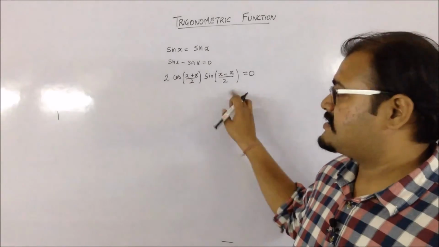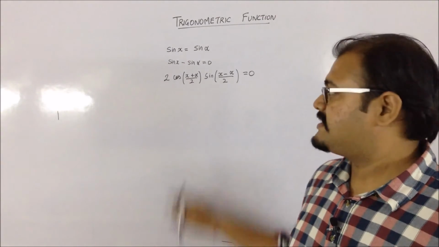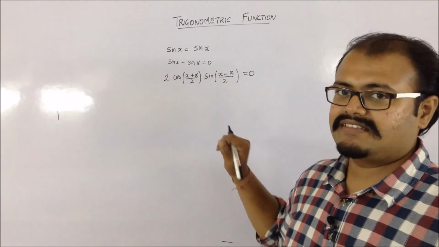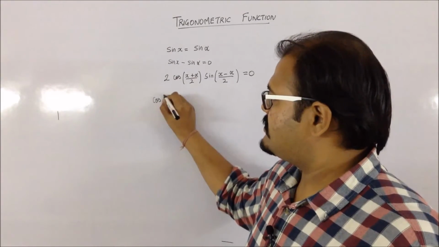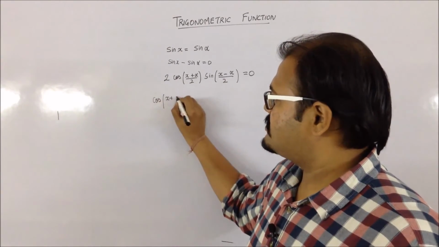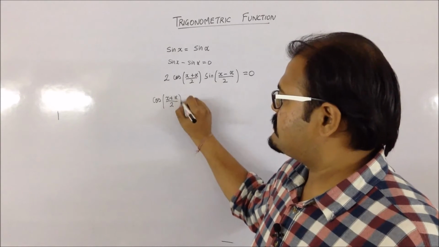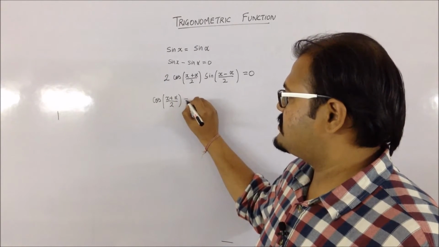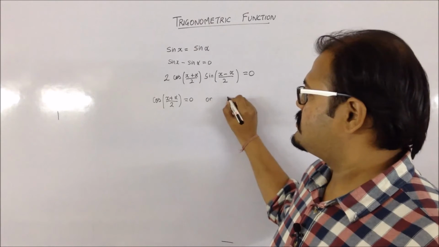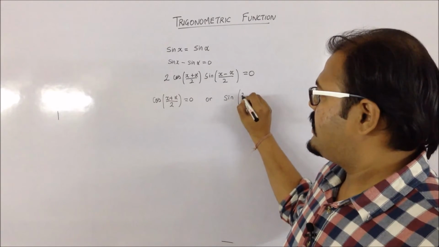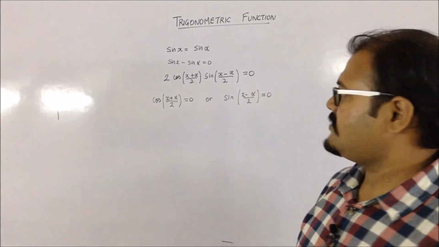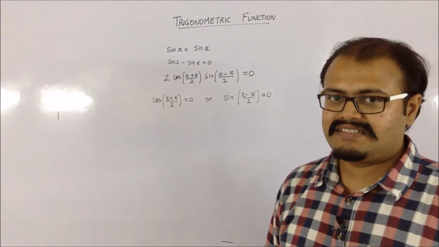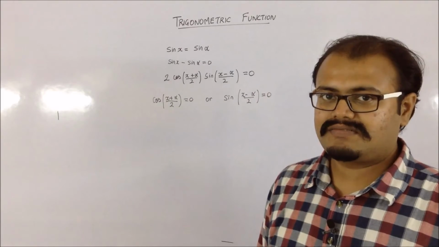So if I am having this particular product, it can be either that cos is 0 or sin is 0. That means either cos of (x plus alpha) by 2 is 0 or sin of (x minus alpha) by 2 is 0. Because if any one of them is 0, then the equation becomes 0.